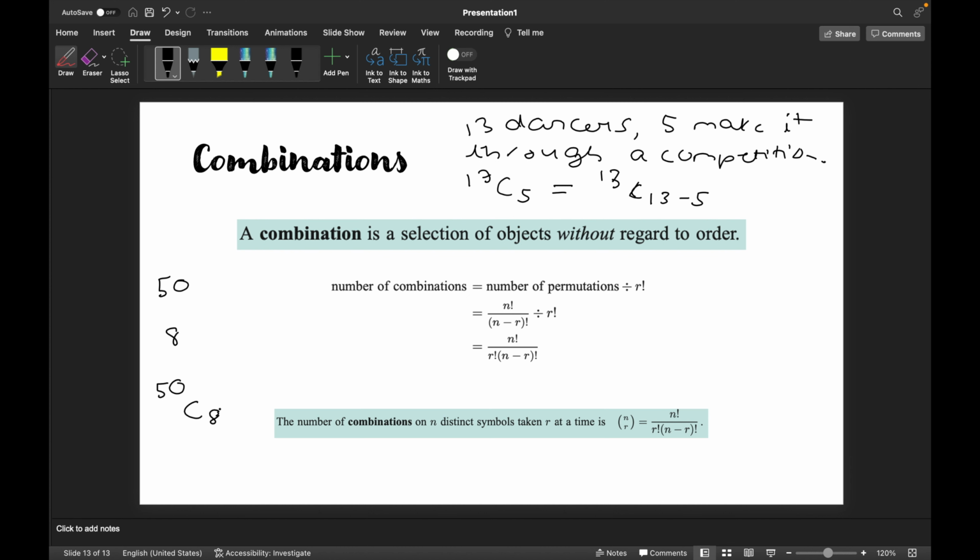Here we don't have to worry about the order, because if you choose, let's say, a guy called B, a girl called A, and a girl called C, the order in which you arrange them or choose them won't matter. It's about these 3 people, and therefore order does not matter in combinations. That's the main difference between combination and permutation.